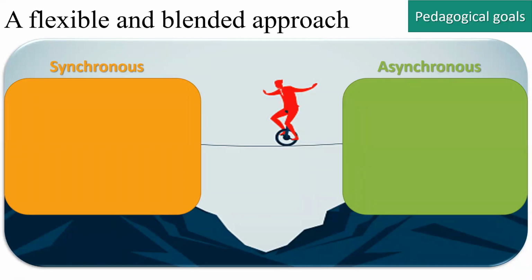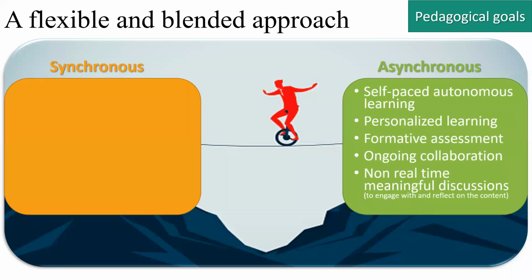First of all, we need to focus on the goals. What do we want to do? If we want our students to acquire new knowledge, we don't need to give long lectures in class. We can record ourselves, send it to them, and they have the possibility to stop the video and learn it at their own pace. And this also allows for personalized learning and formative assessment.